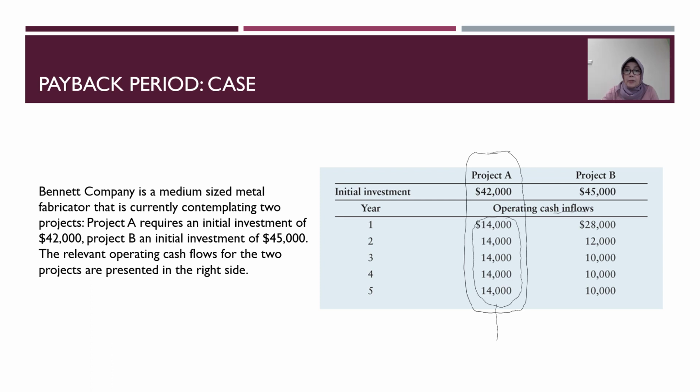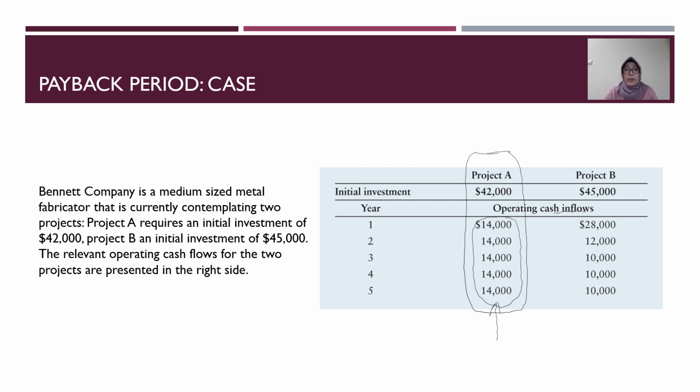We call it an annuity cash flow, because the streams of the cash flow from year 1, year 2, and so on until year 5 are the same. They are even, 14,000. So this is what we call the annuity cash flow.